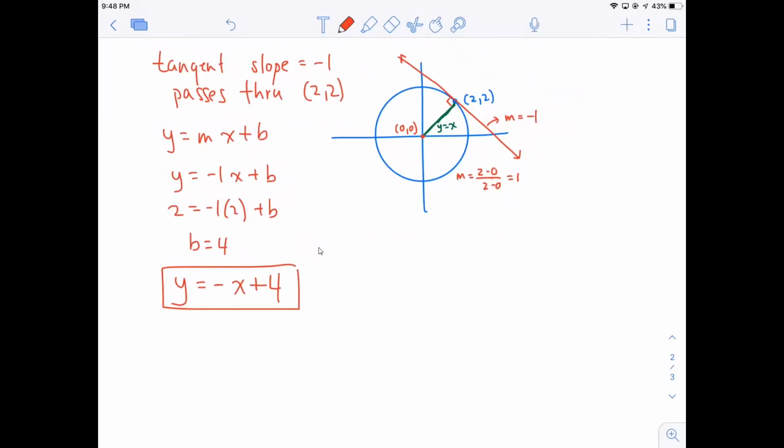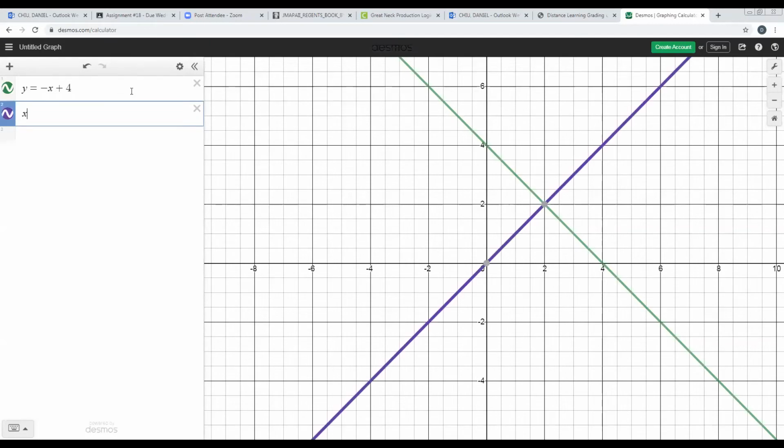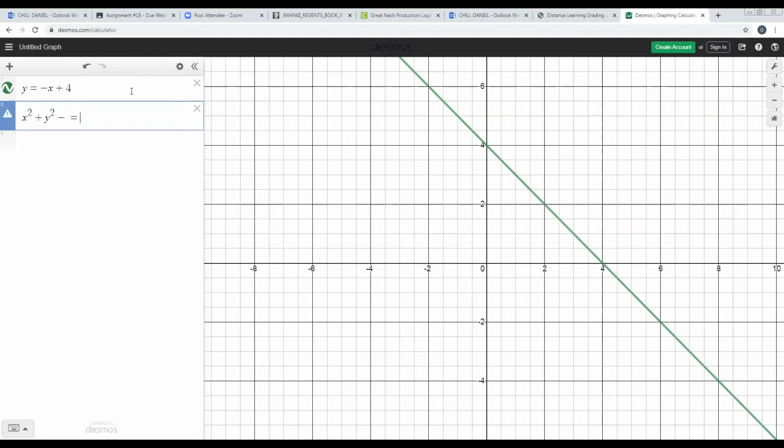And you can check this on your calculator if you want to graph it. To save some time, I will show you graphing it, but I will do it on Desmos just because it's a lot quicker. So let's take a look at this. We found our line was y equals -x plus 4, and that was tangent to our circle, which was x squared plus y squared equals 8.